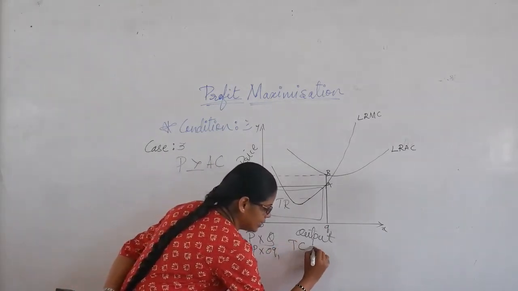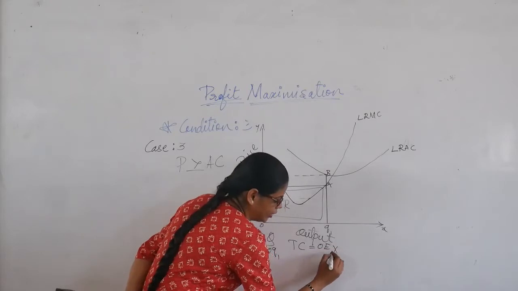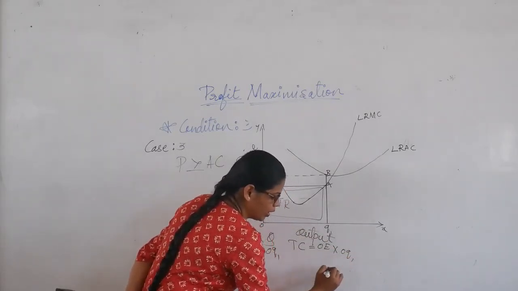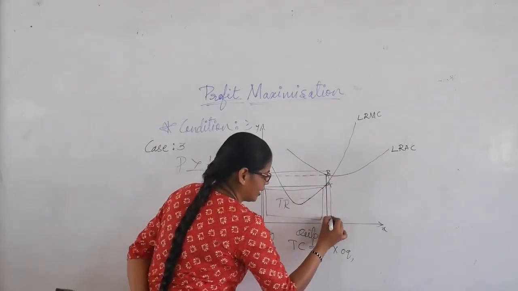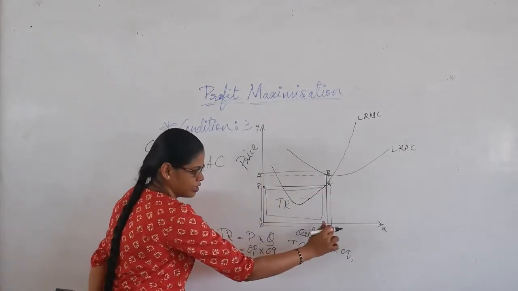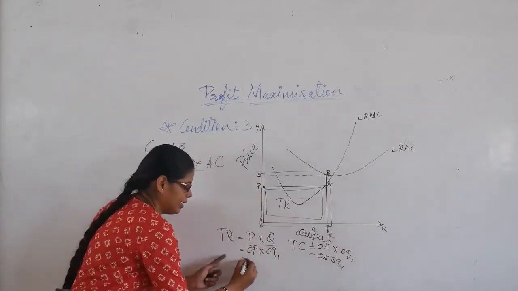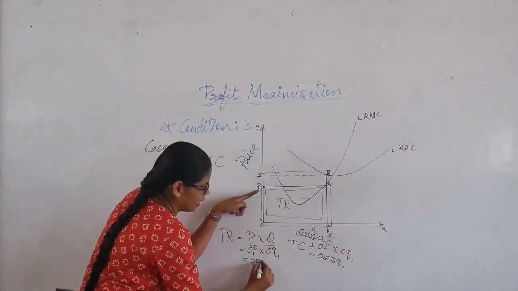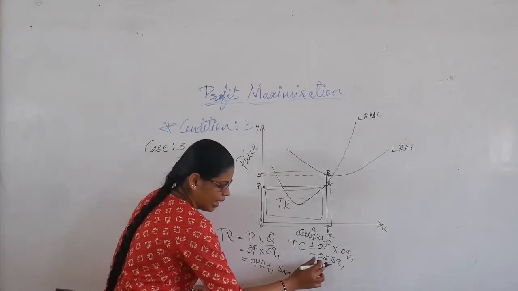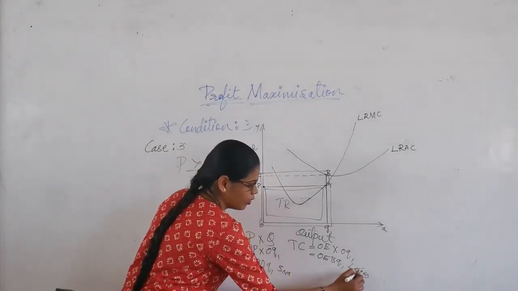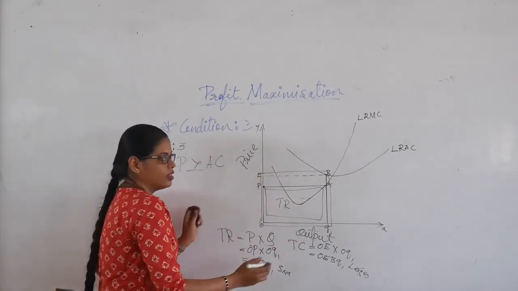TC is equal to OE into OQ1. The outside rectangle which I have marked is OEBQ1, and this one is OPAQ1. Here you can see this one is smaller and this rectangle is larger. The total revenue is smaller than the total cost.